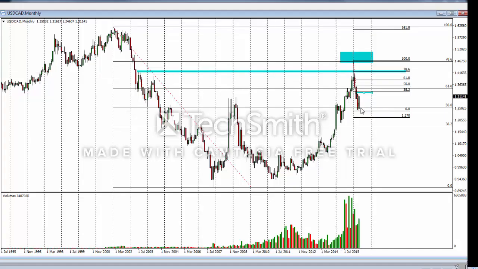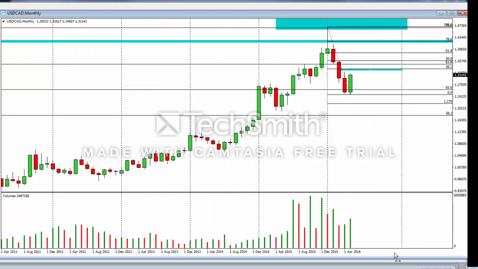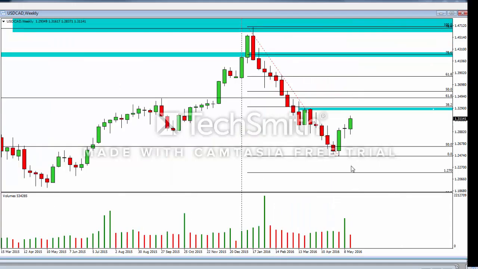Obviously to do with the price of oil rising, USD CAD down. We've bounced very strongly. We talked about this. It was a 78.6 fib coming in, that was a couple of weeks ago. And this is the weekly chart, so 3 weeks ago, and we're bouncing very strongly. I've actually got a short coming up on this.